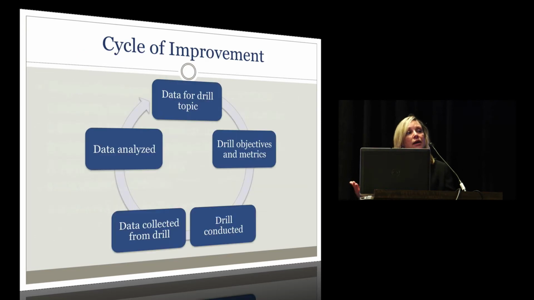So there is a cycle that you can utilize in a drill, and it's a quality improvement cycle, just as Steve alluded to. You pick the right topic for the drill based on data. You write observable, measurable information into that drill that you can actually evaluate process, evaluate time, sometimes evaluate performance, although we don't particularly say this particular person did this or didn't do this.